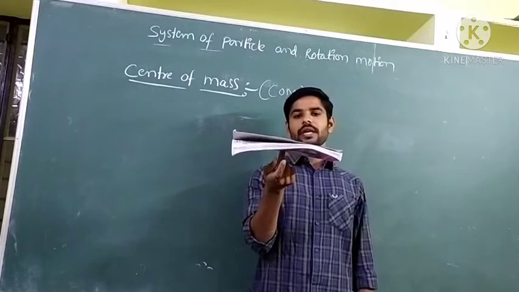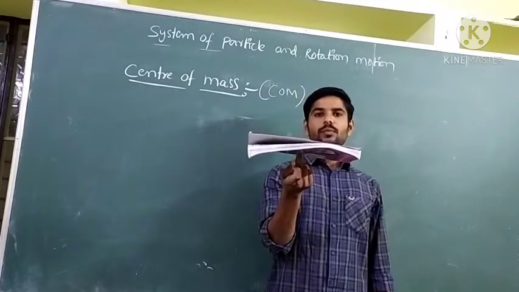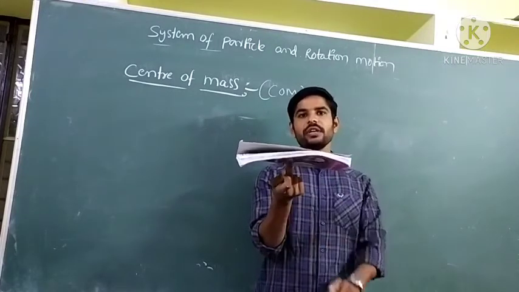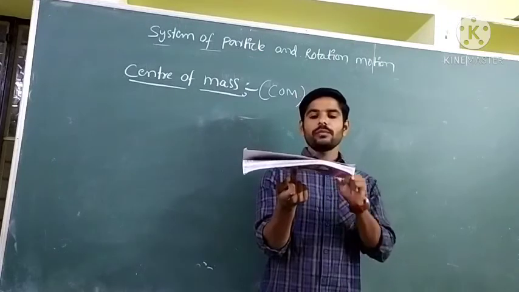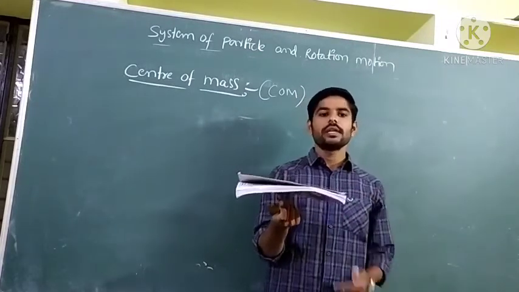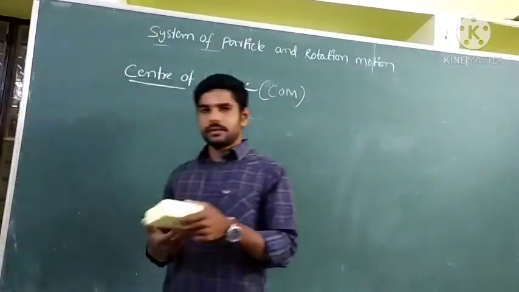See, when I place a single finger on the notebook, the book can be held like this. It means at the point of the finger, the whole mass of the body is located at one point. That is called center of mass. You can take a number of examples. Suppose we have a duster.